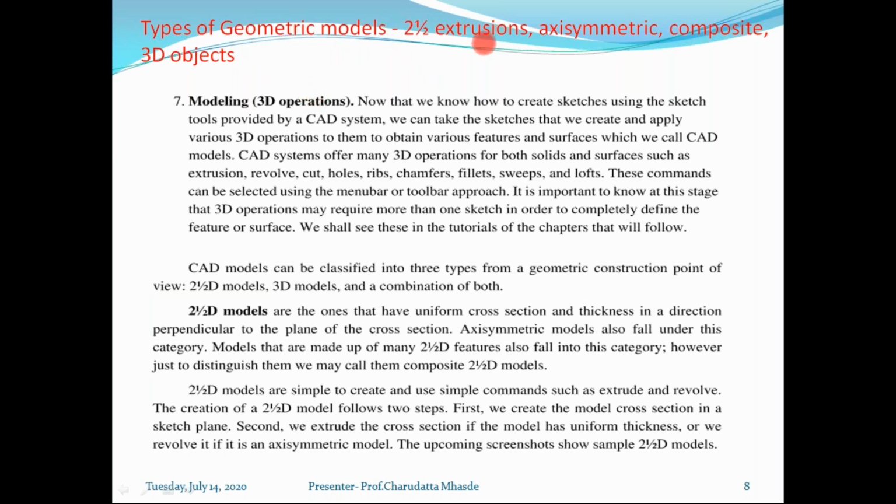So what are the different types? The 2.5 extrusion, axis symmetrical type, composite type, and 3D objects. In the last lecture we already saw that, but I just want to clarify one thing about the 2.5D model. 2.5 dimensional models are ones that have uniform cross section and thickness in the direction perpendicular to the plane of the cross section. What does this mean?